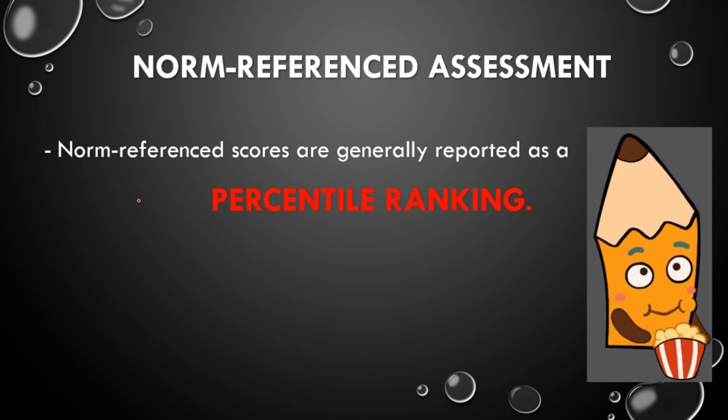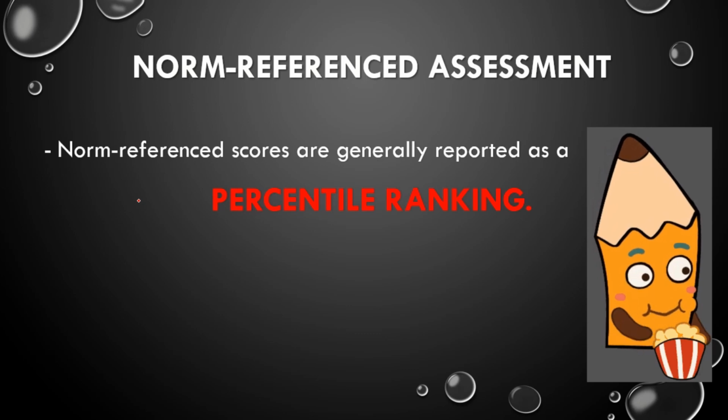So a high school graduate who got a 75th percentile rank means he belonged to the upper 25% and was above 75% of the examinees.